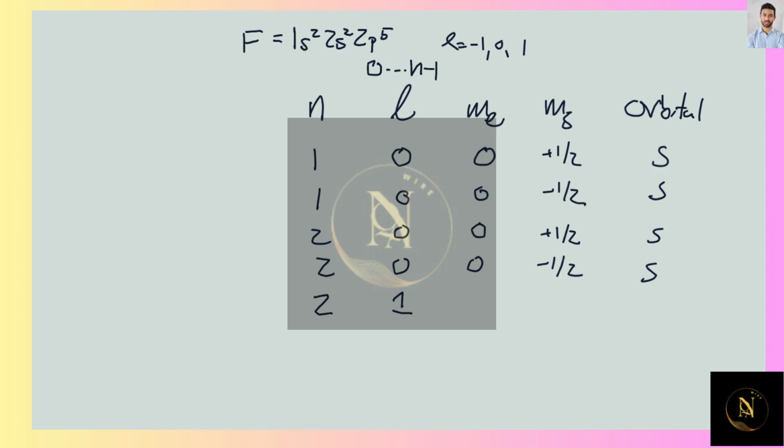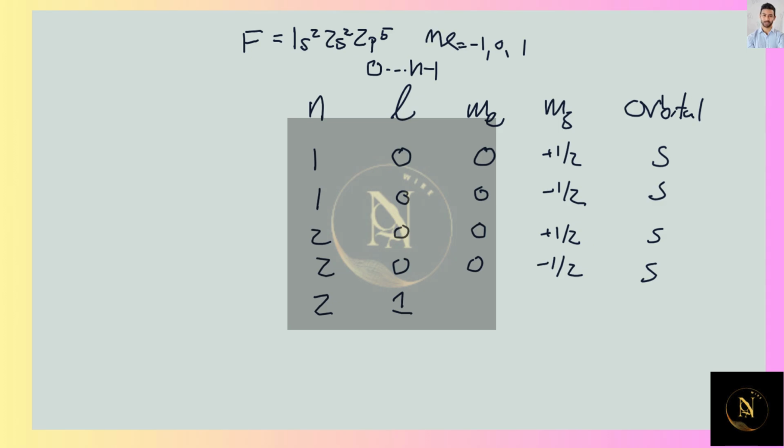Previously when n was 1, the only option for l was 0, and when n was 2, we can have 0, which we did, or 1. Now that l is 1, m sub l can range from negative 1 to 0 to 1.